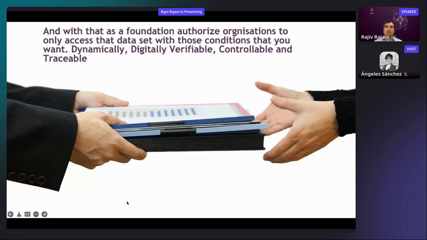That way, you use that as a foundation for authorizations that you provide to other organizations, dynamically and digitally share data and the conditions, and also make sure that it is verifiable, controllable and traceable on the other end.